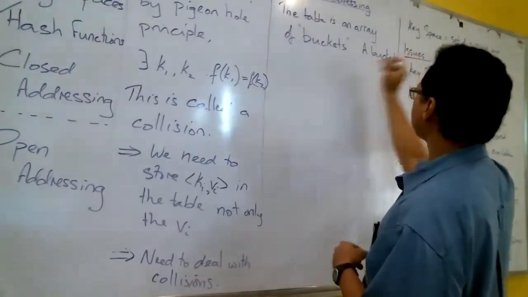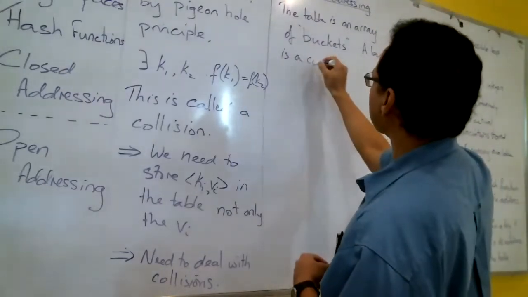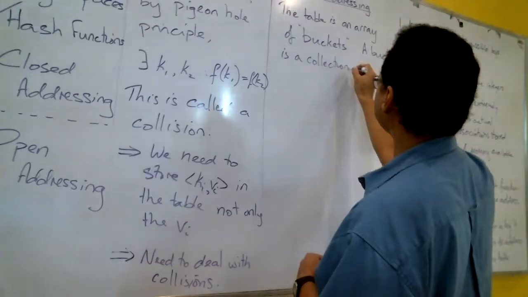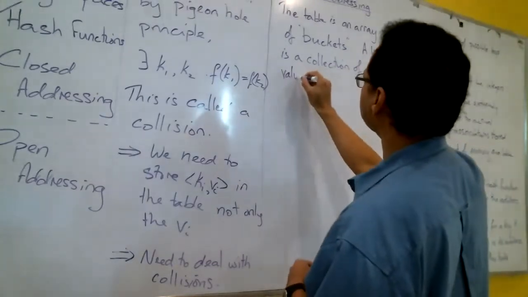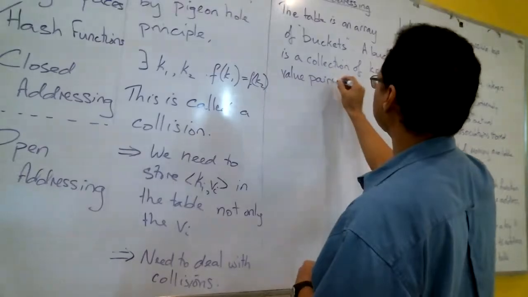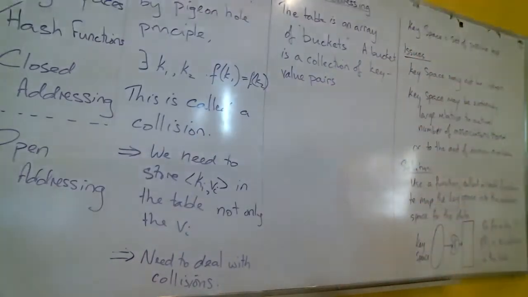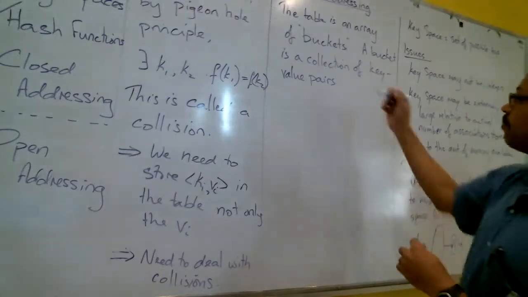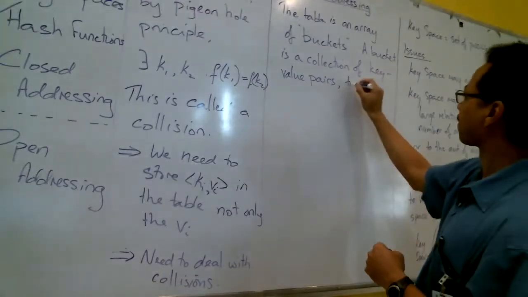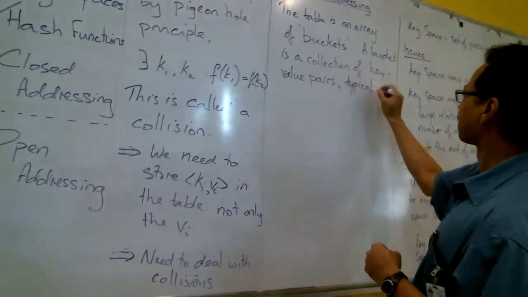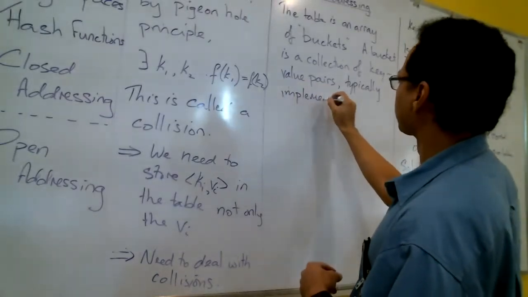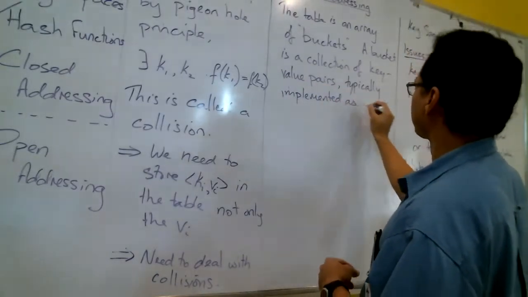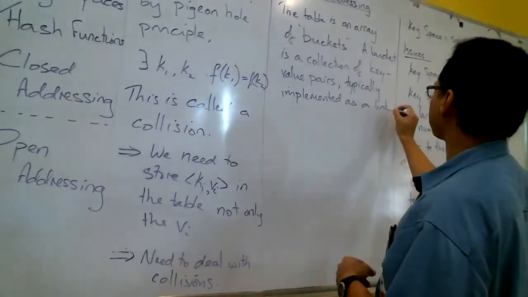A bucket is a collection of key value pairs, or key value associations. And importantly, it's typically implemented as a linked list.